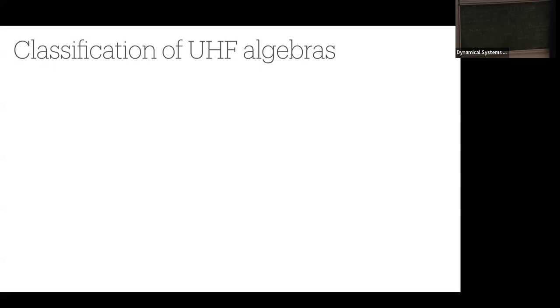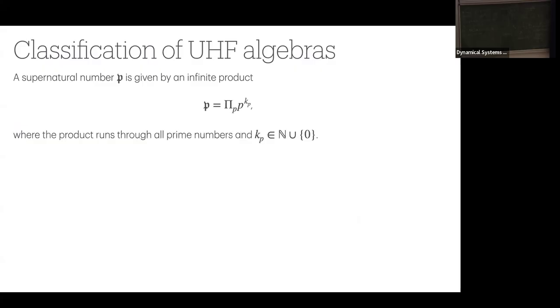And one of the very first classification results we saw in C-star algebra theory was the classification of UHF algebras. So these are classified by so-called supernatural numbers. What is that? This is an infinite product of primes to possibly infinite powers. So it's like a natural number, but of course, you can now take infinitely many primes.